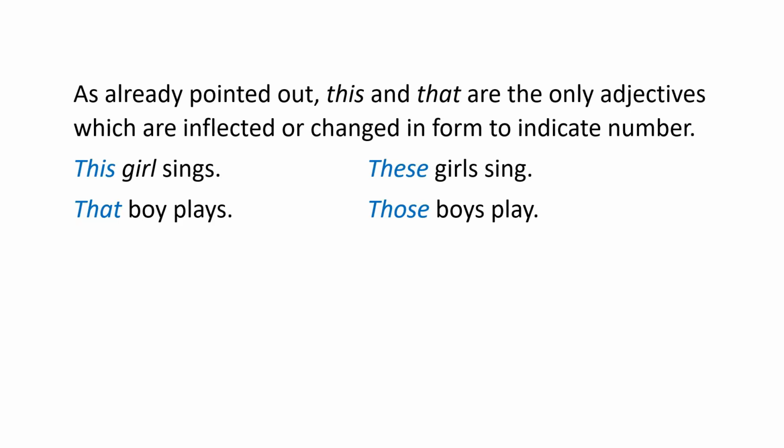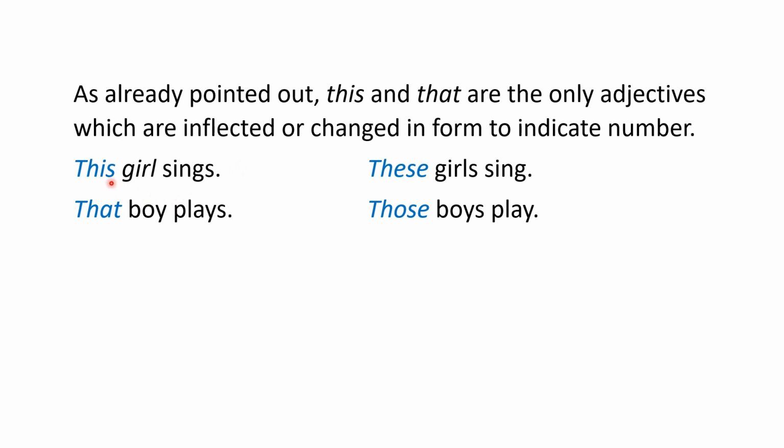Okay, as already mentioned, this and that are the only adjectives which are inflected or changed in form to indicate number. For example, if it is singular we have one form and plural we have another form. Now, this girl sings.